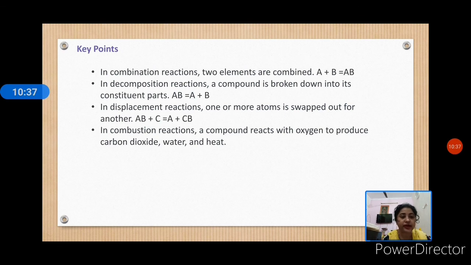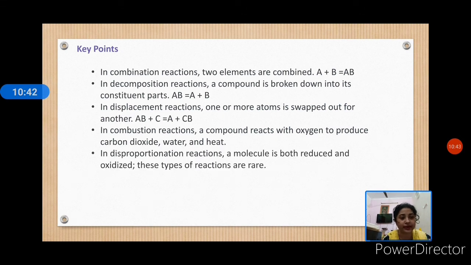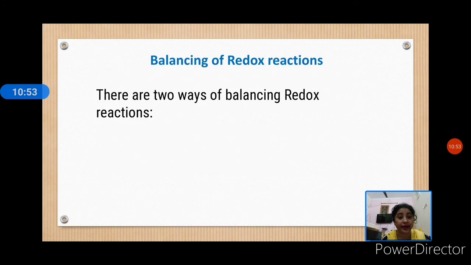In combustion reactions, a compound reacts with oxygen to produce carbon dioxide, water, and heat. In disproportionation reactions, a molecule is both reduced and oxidized. These types of reactions are rare.